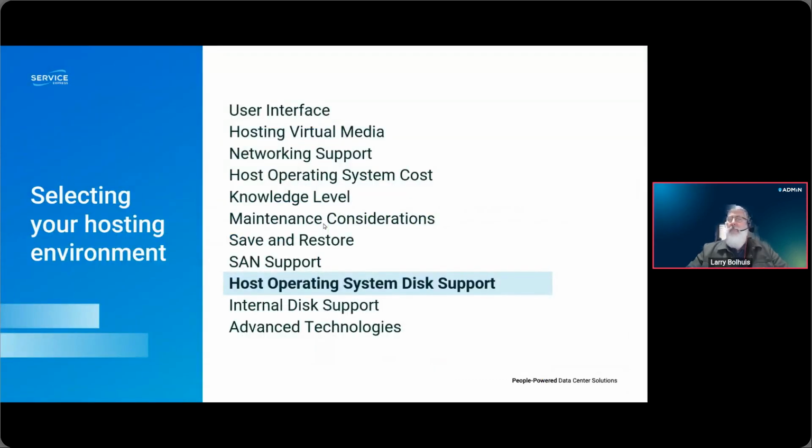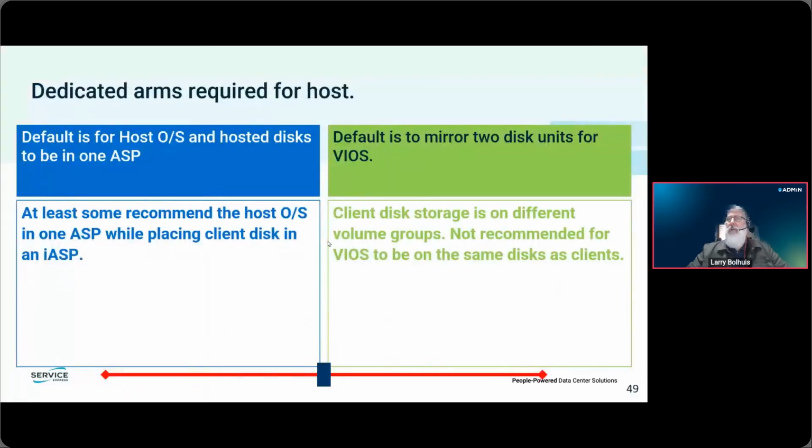So host operating system disk support, and realistically here, dedicated arms for the host. Yeah, IBM i likes arms. The default is to build them all into one ASP for IBM i, but we mentioned before we like the idea of putting in an independent ASP and putting all the storage in there for the clients.